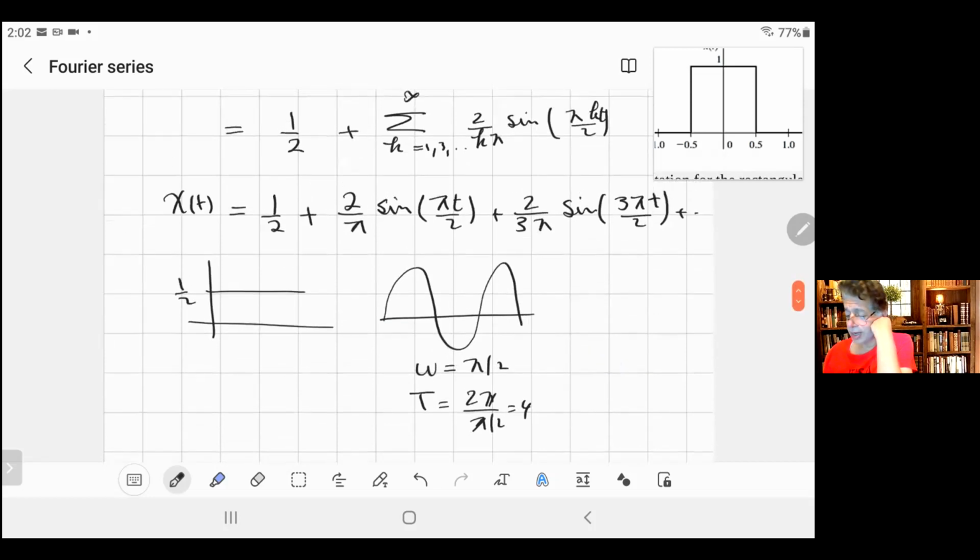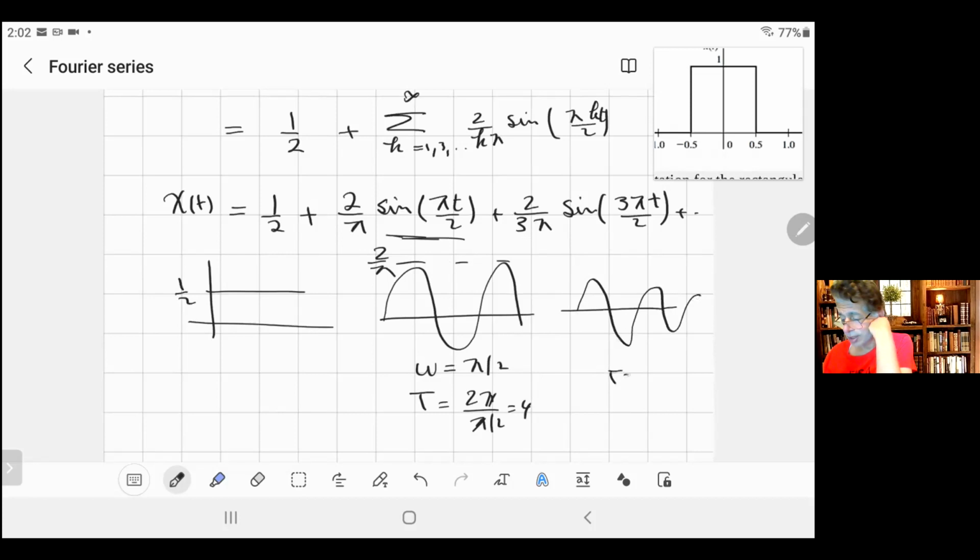And then you have another sine, but the amplitude of the sine is 2 over pi. And this other sine has amplitude 2 over 3 pi. It's smaller than this one, and the frequency is higher.